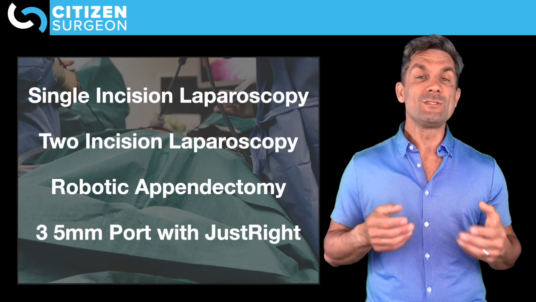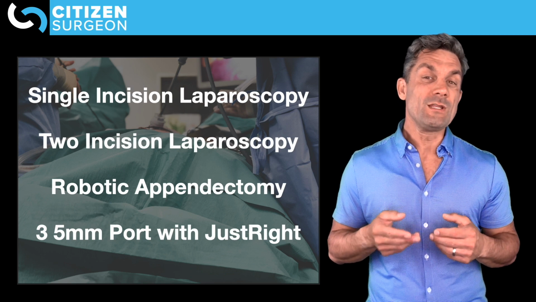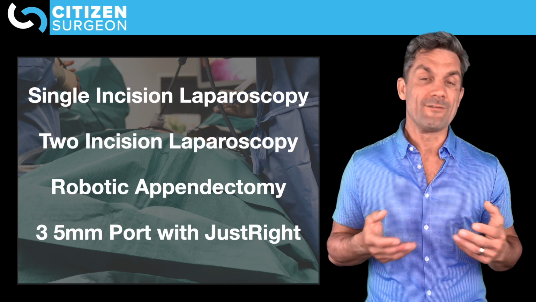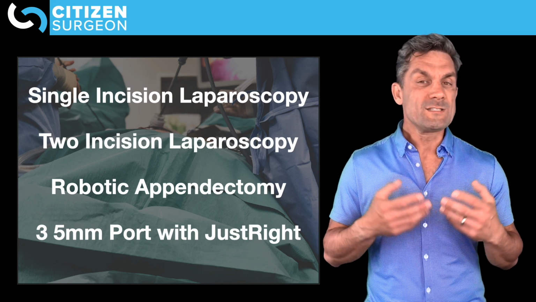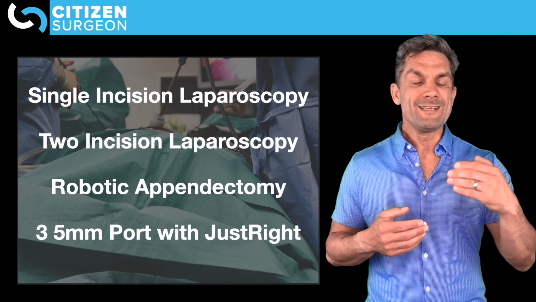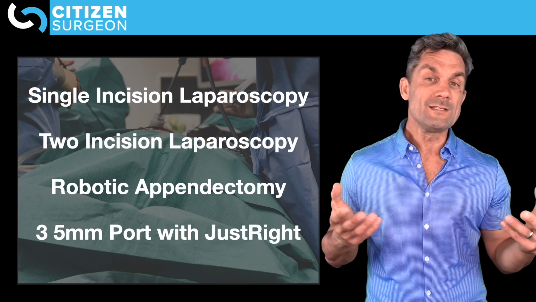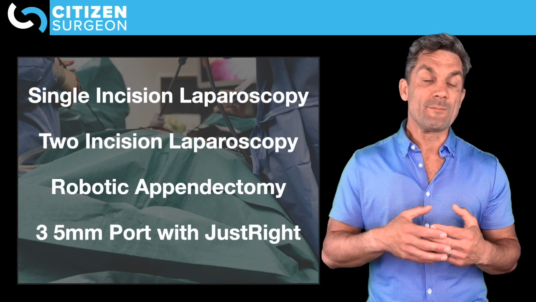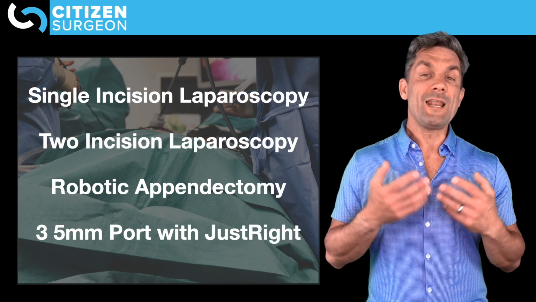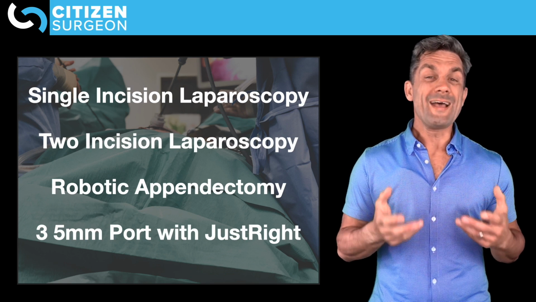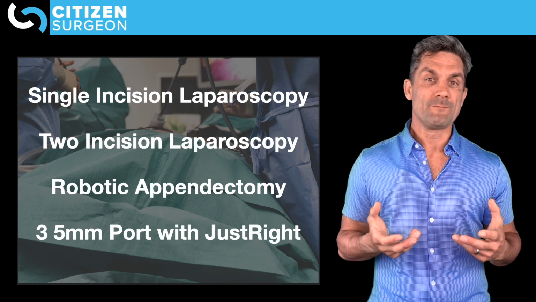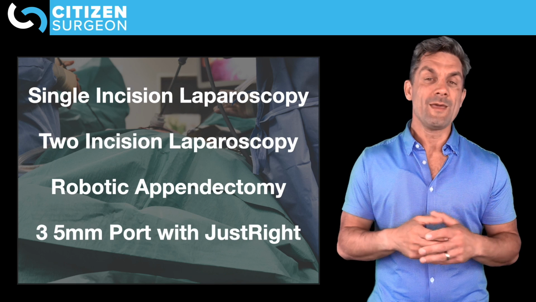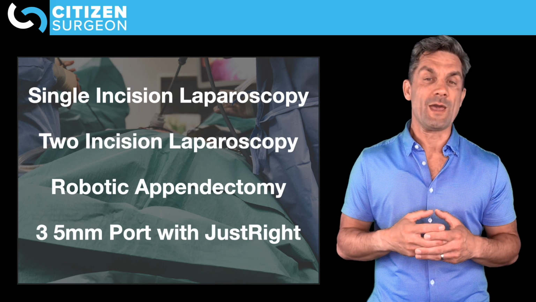You can also use Hem-o-lok clips at the base of the appendix and divide the appendix, and you'd have a very nice closure. So it's very surgeon dependent, whether you do a single incision, 2 incision, 3 incision, you do it robotic, you do it 3 incisions with a particular type of stapler. It's kind of up to the surgeon. So remember, the best way to do any procedure is the way that you as the surgeon feel comfortable doing it, okay? And that is always the safest way to operate.